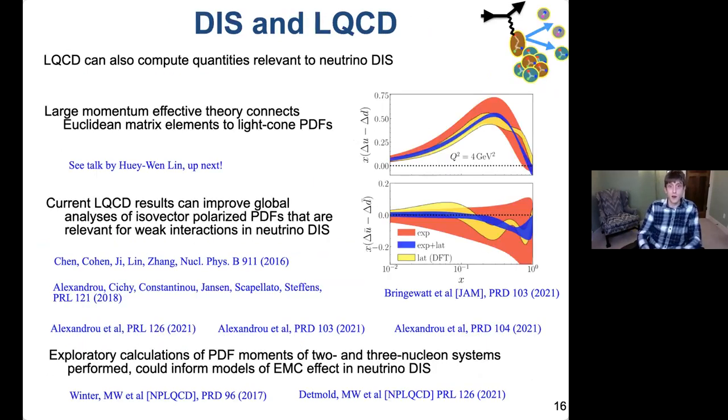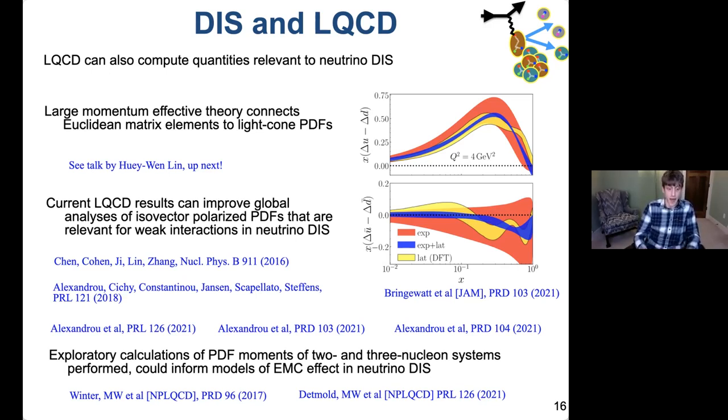Finally, you'll hear much more in the next talk from Hui-Wen Lin about how Lattice QCD can shed light on deep inelastic scattering by calculating quark and gluon PDFs and other generalized structure functions. In particular, I'll just highlight the things that are important for neutrino DIS.